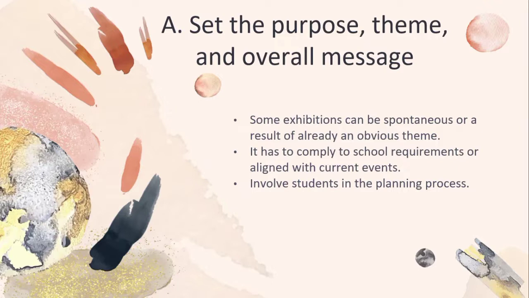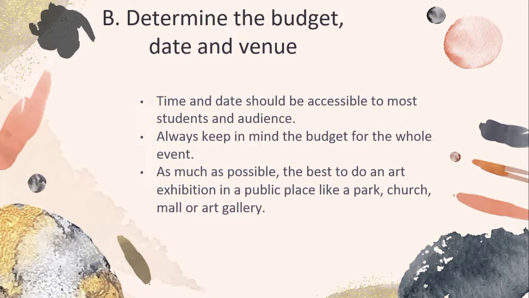Now, the second one is to determine the budget and date, and of course, the venue. Why are we going to consider and know the budget, date, and venue? When planning for an exhibition, the time and the date should be accessible to most students and the audience.